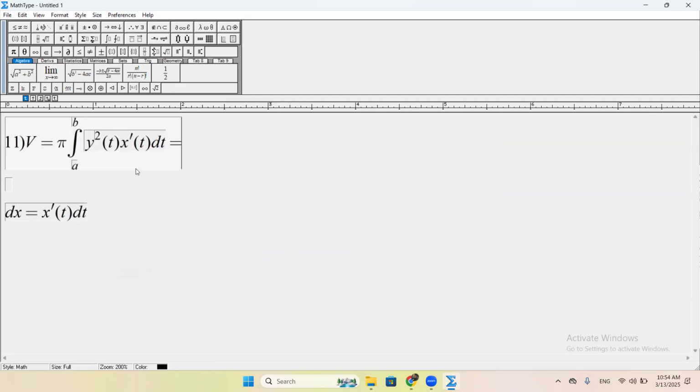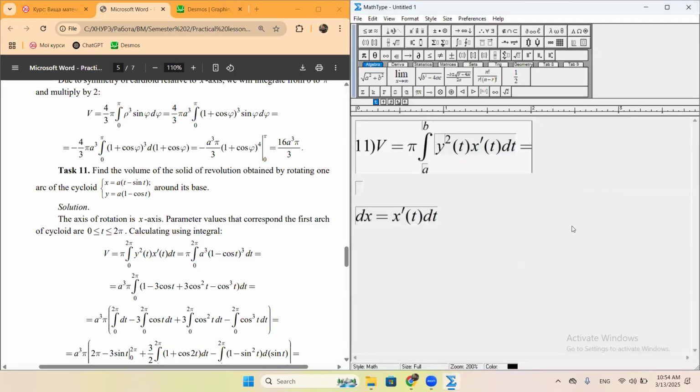So what is interesting for us? Of course, let's calculate this expression. First of all, x prime of t will be equal to a times (1 minus cosine of t).